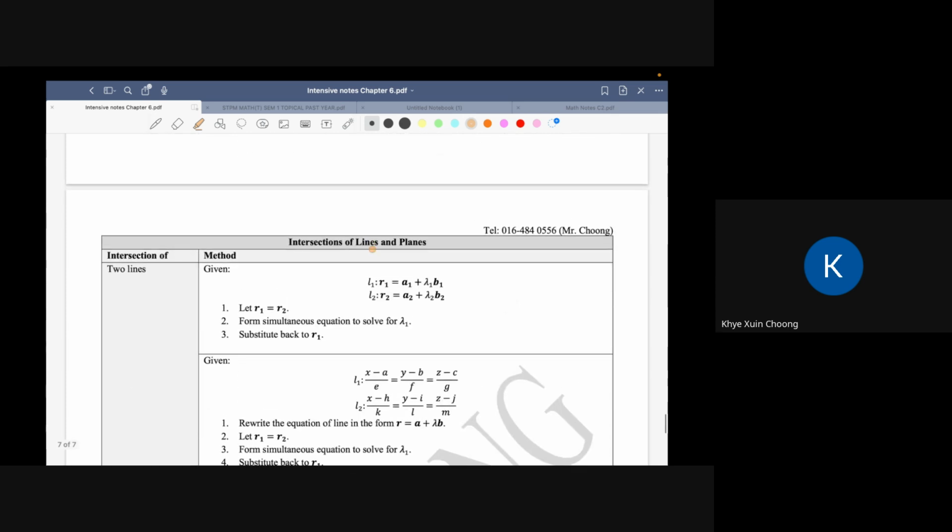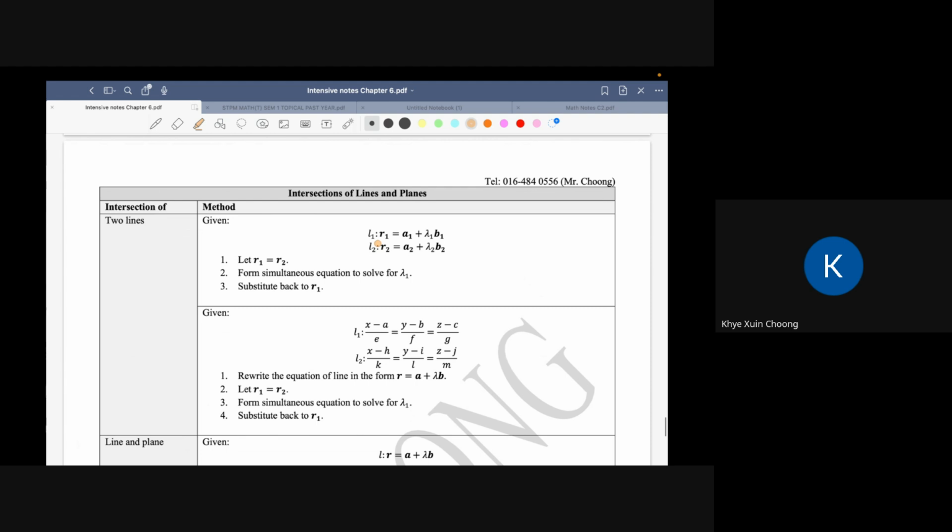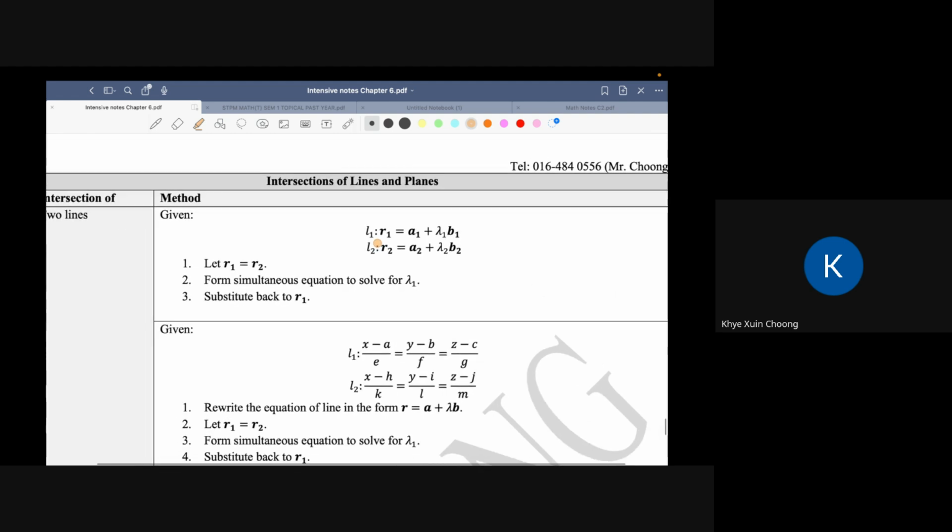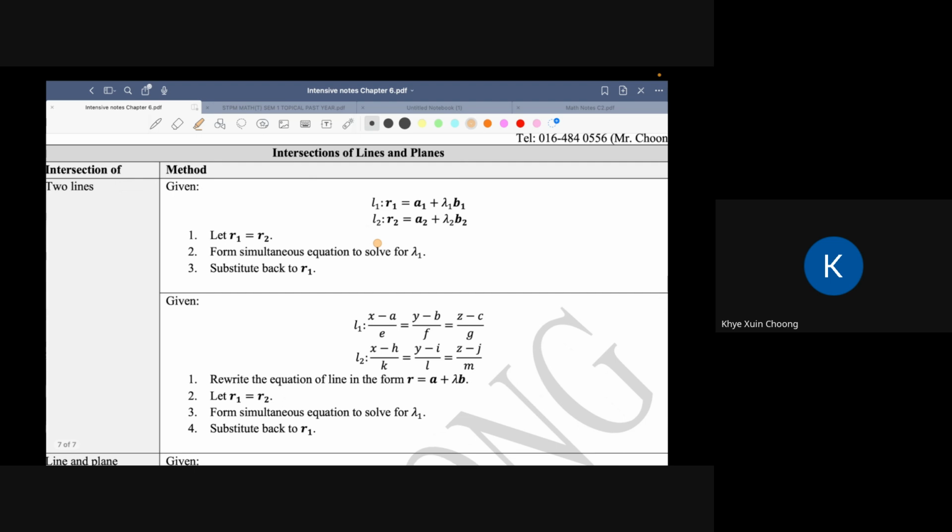Okay, so for two lines, I think it's very easy. The better way is that you write it in the vector form. So in a form like this, when the two lines intersect, you just put R1 equals to R2, then you equate A1 plus lambda 1 B1 equals to A2 plus lambda 2 B2.